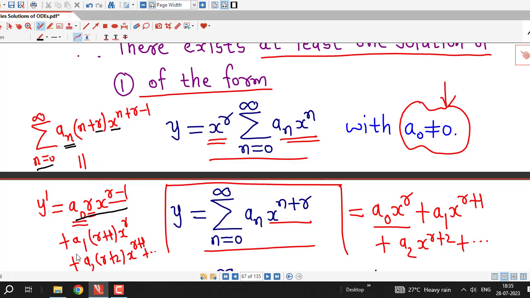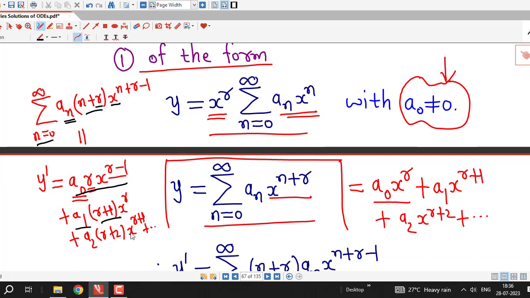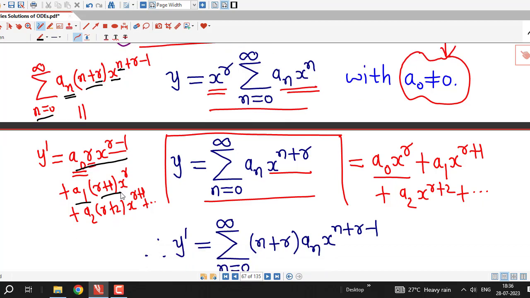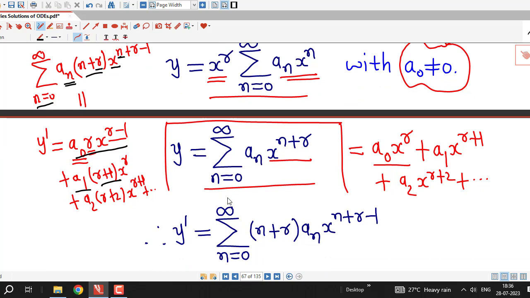For n = 1, I have a₁ (r+1) x^r, then a₂ (r+2) x^(r+1) for n = 2. So I can directly write down the derivative: the derivative of x^(n+r) is (n+r) x^(n+r−1), and this aₙ is a constant as it is. The summation is not changing, the index takes values from 0 to infinity.